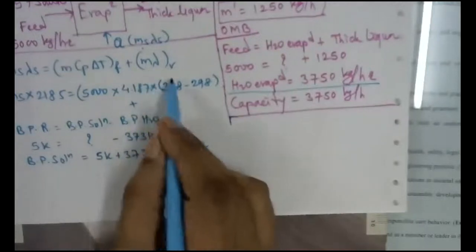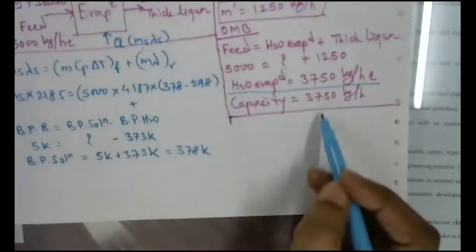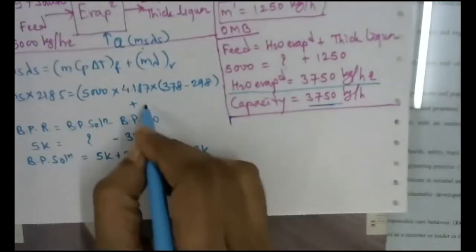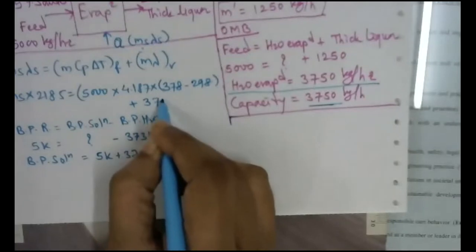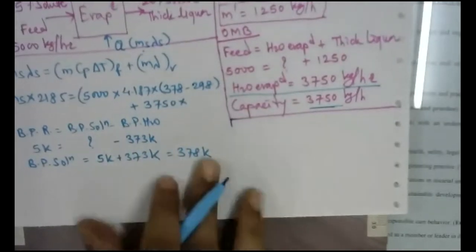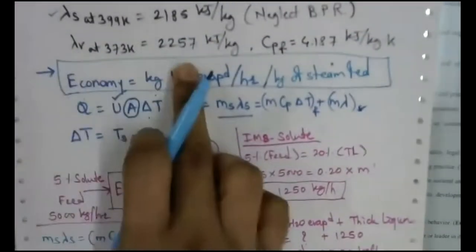plus m lambda of vaporization. Now what is the mass flow rate of water? We have calculated this mass flow rate of water, that is 3750, into latent heat of vaporization. It is given in the numerical, lambda V, 2257 kilojoules per kg.